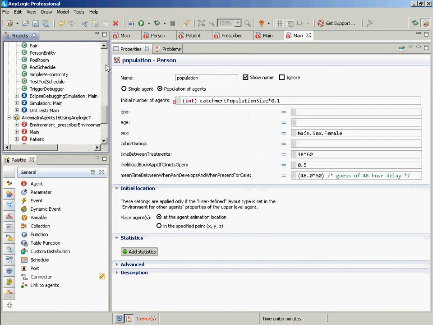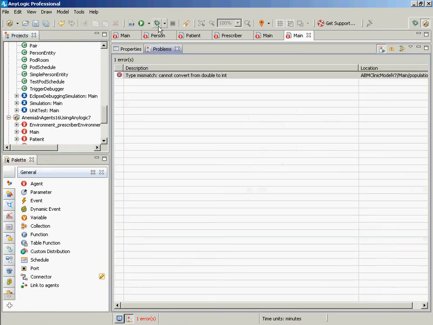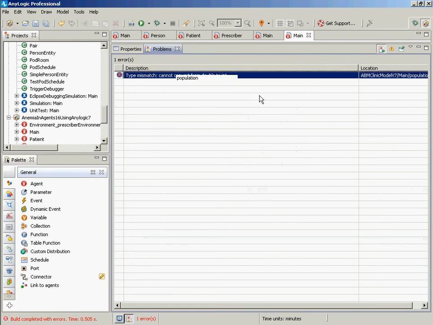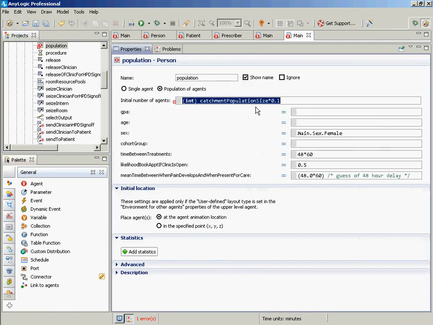So in this model, we have a conceptually similar situation to what we had, where people come in for care from a population. Here we have a single person population that doesn't make sense.